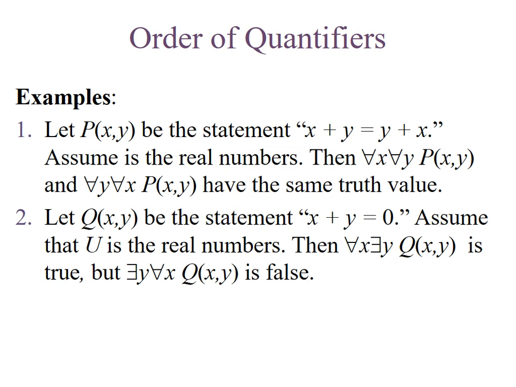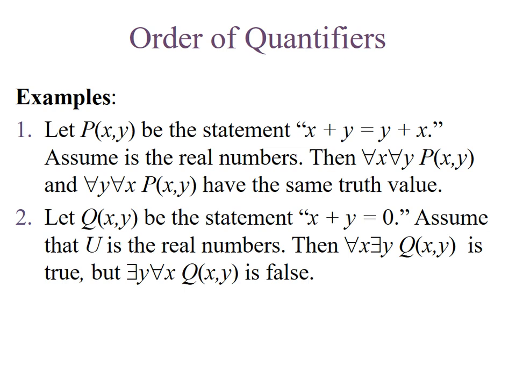However, if we switch the order to for some y, for all x, let's see what happens. Can we find a particular y such that y plus x is 0 for all x? All x means all real numbers. So we have a particular real number y, then plus all real numbers.